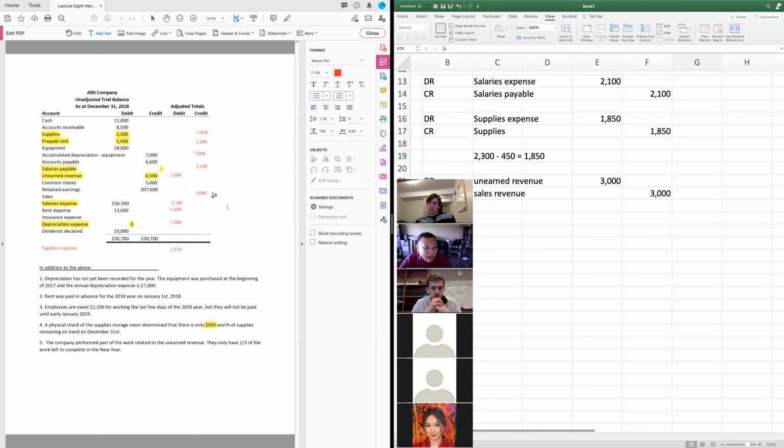So now I have all the adjusting entry information posted, right? So this is going to change the balance, correct or not? In my adjusted trial balance, after I post these adjusting entries, this balance will be changed, right?